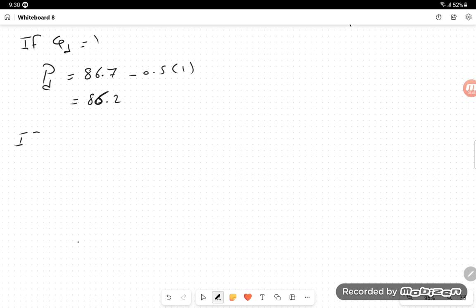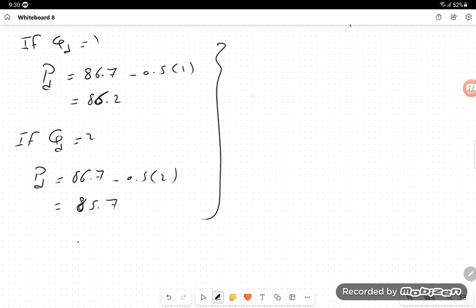And if the quantity demanded is 2, the price in this case will be 86.7 minus 0.5 multiplied by 2, which is 85.7. This is the consumers' willingness to pay.